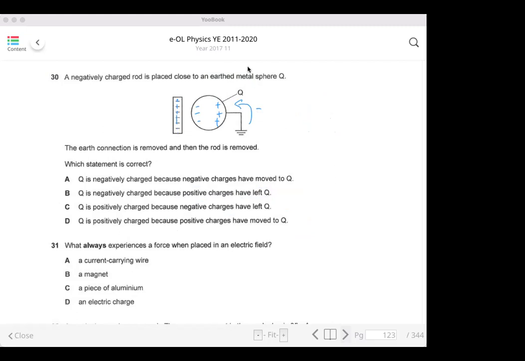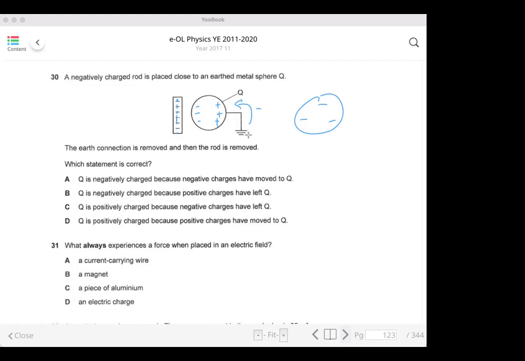After that, you become negatively charged throughout. So what would the answer say? You'd say that Q will be negatively charged because negative charge has moved to Q from the earth.